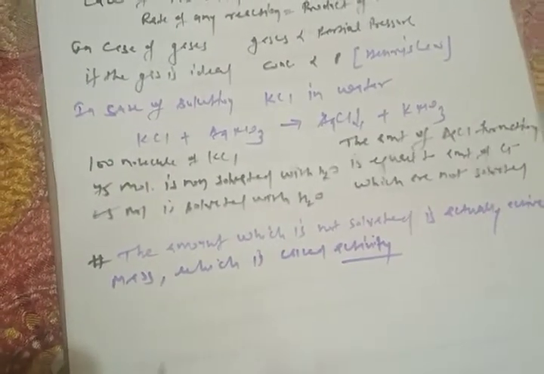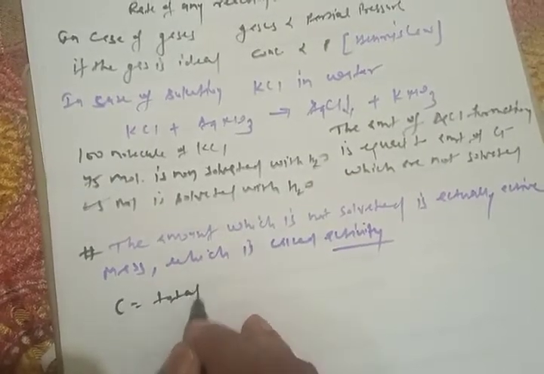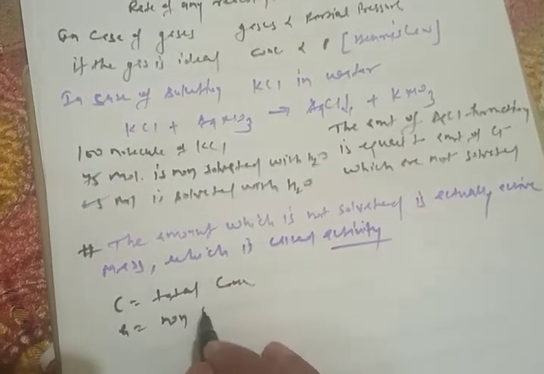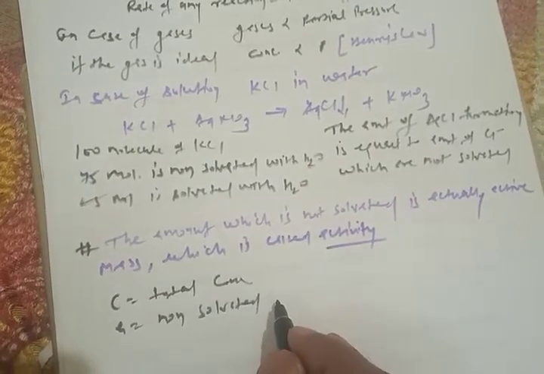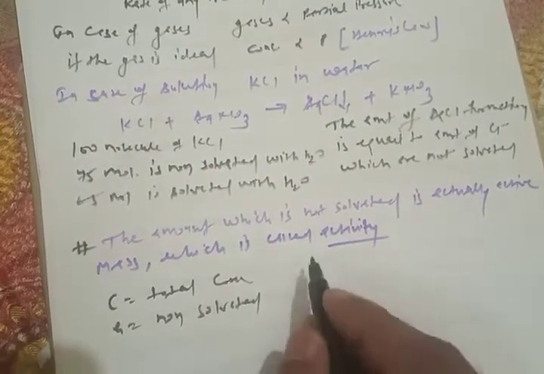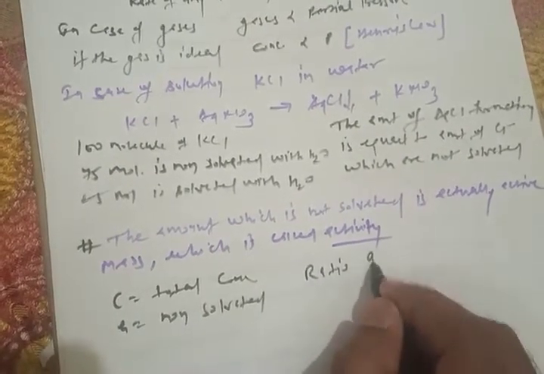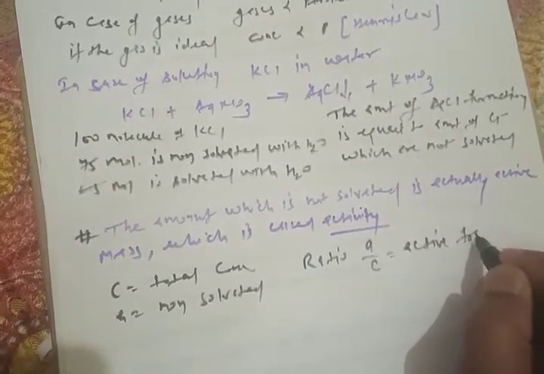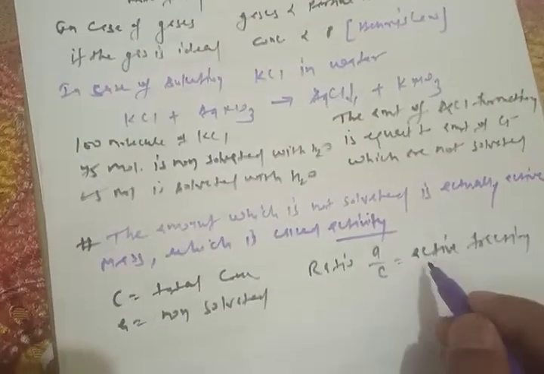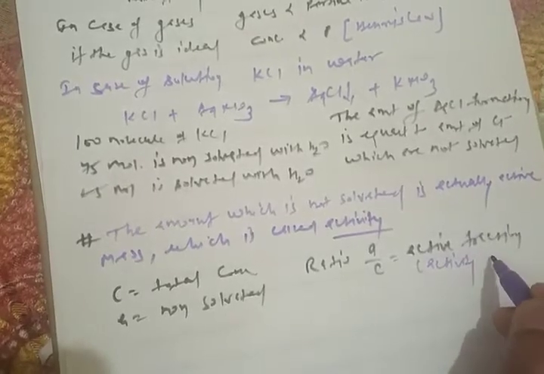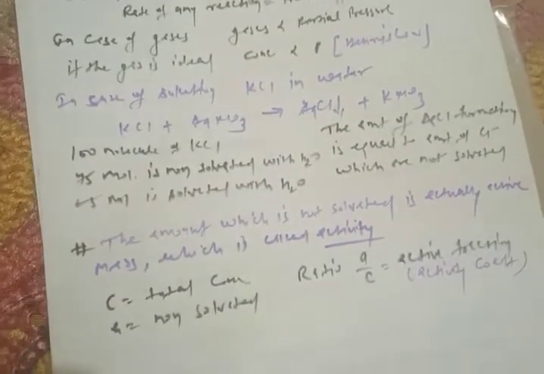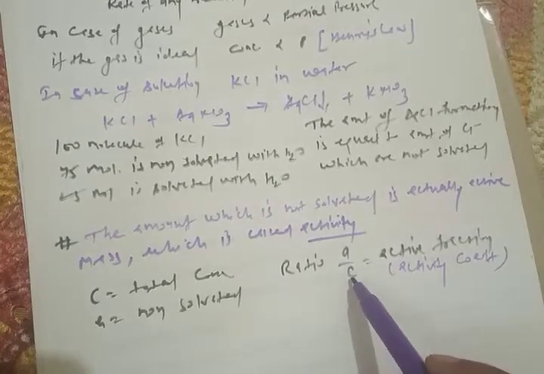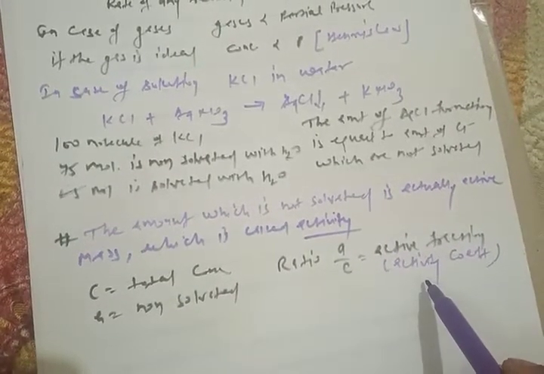So if C is the total concentration and A is the non-solvated amount, the ratio of A and C is called the active fraction, or this is also called the activity coefficient. The ratio of the non-solvated amount to the total concentration is your activity coefficient.